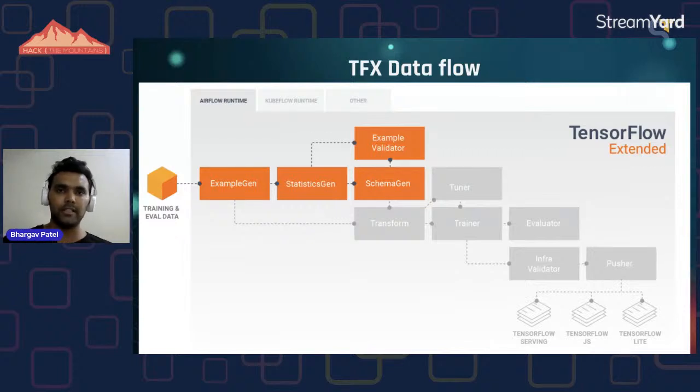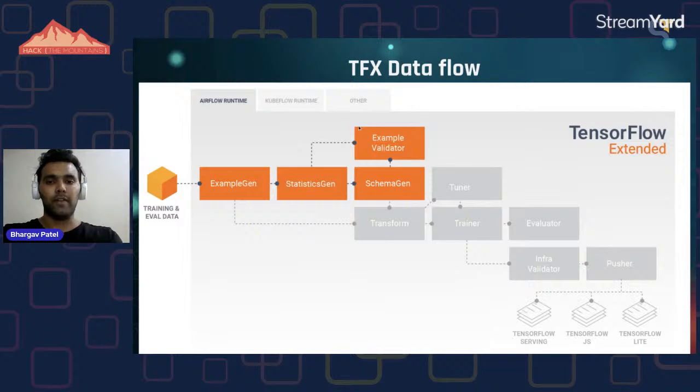We have a string feature, we have float, we have integer, we have boolean values, and it fixes a set of rules which says that if we are training a model or in production, data has to be in this schema. If data is not in this schema, it will start showing errors, or your pipeline would fail, and you can modify your data or make changes in the previous component.